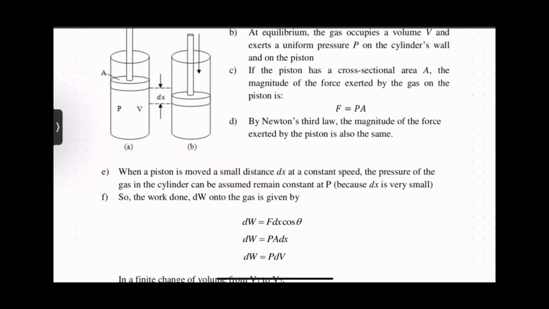Okay, when a piston is moved downward by a small distance dx, there will be a change dx at a constant speed.